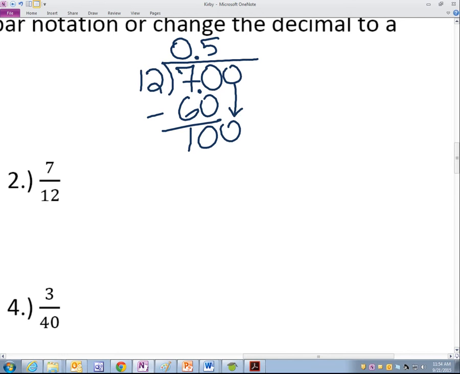100. So I know that 12 times 8 is going to be, let's see, 80 plus 16.